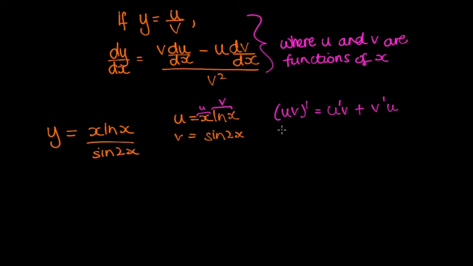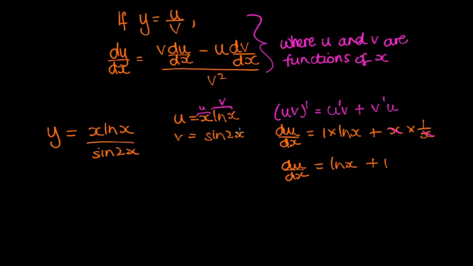Therefore, du by dx is equal to, so u'v is going to be 1 times ln x, and v'u is going to be x times 1 over x. So the x is going to cancel with the x on the bottom, so that's going to leave us with du by dx equal to ln x plus 1.